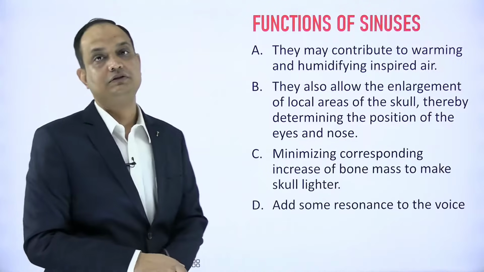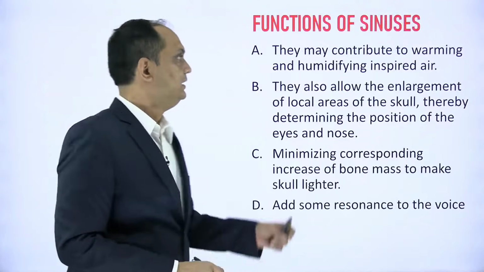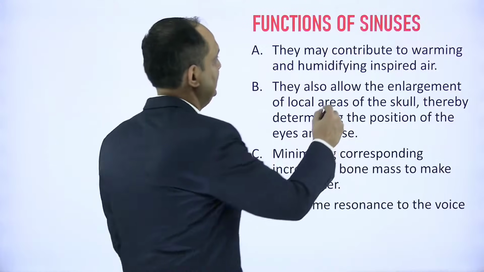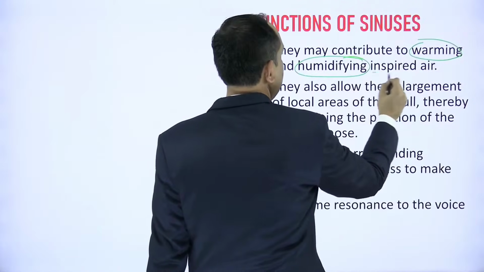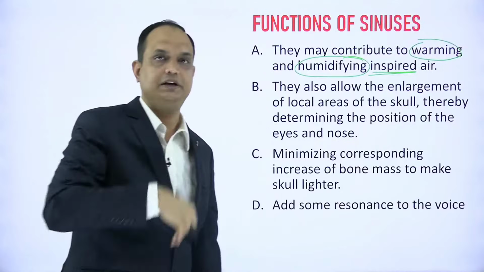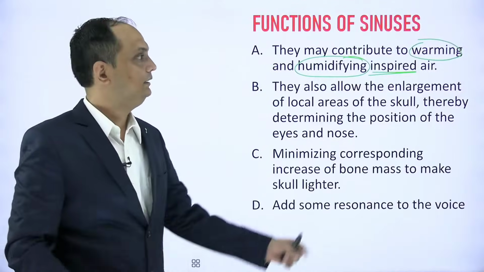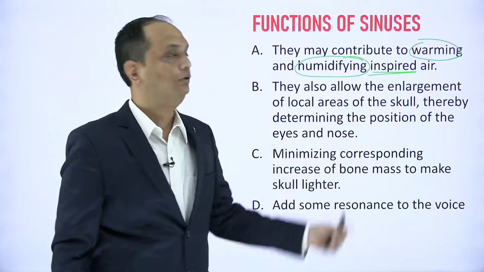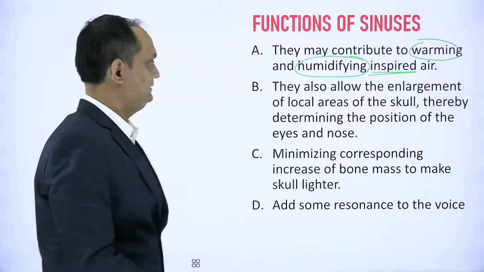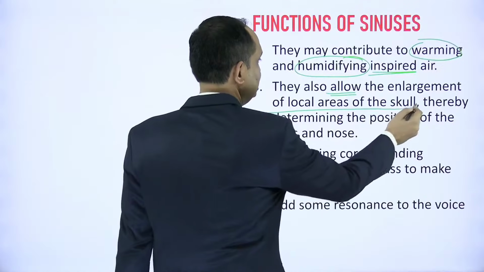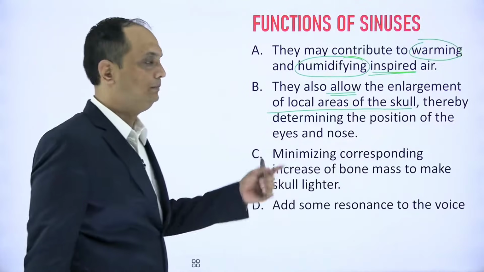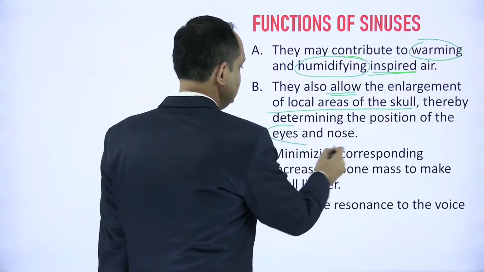Then what are the functions of paranasal sinuses? The first function is that they are responsible for warming and humidifying the air during inspiration. So the inspired air is warmed and humidified by the paranasal sinuses. Second, they allow the enlargement of local areas of the skull and determine the position of the eyes and nose.